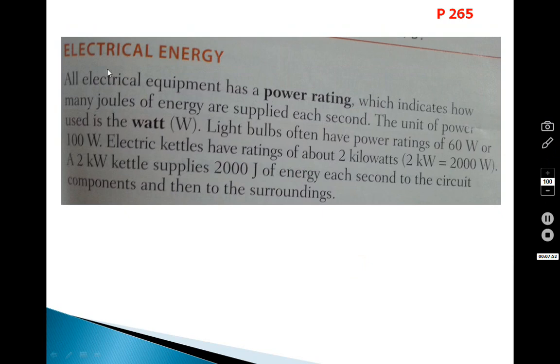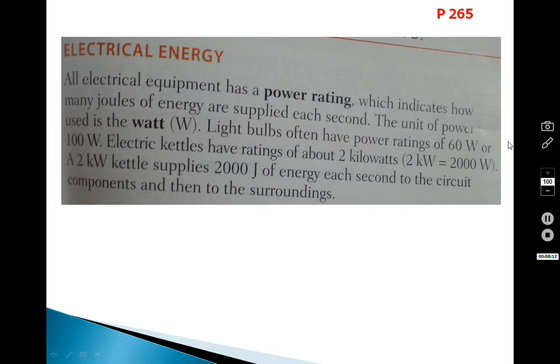Now we'll move to electrical energy. The subtitle of electrical energy is on page 265. So what's electrical energy?